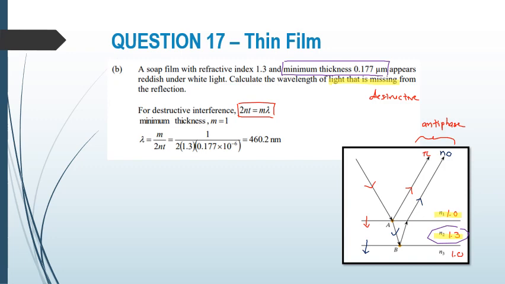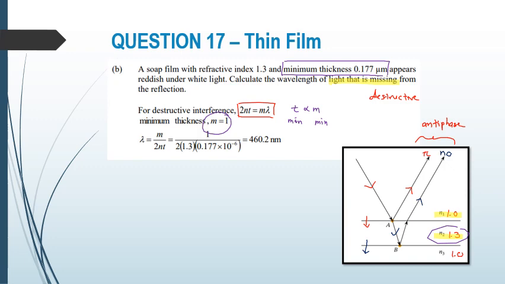Minimum thickness, now let's look at the relationship between thickness and order. Based on the equation, t is directly proportional to m. So if you have t minimum, then m should be minimum as well. So for this equation, the minimum m should be 1. Okay, it cannot be 0, because if it is 0, then the thickness would be 0. So the minimum value of m that can be used in this equation is 1.